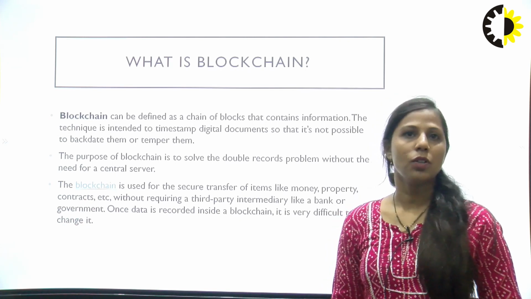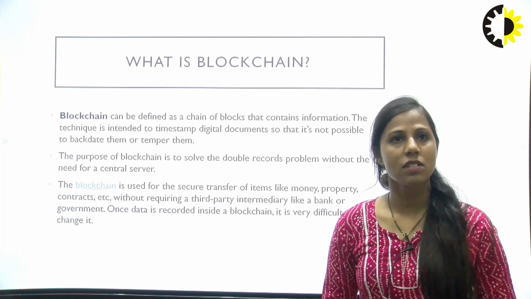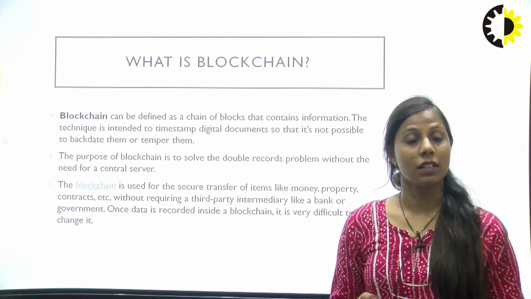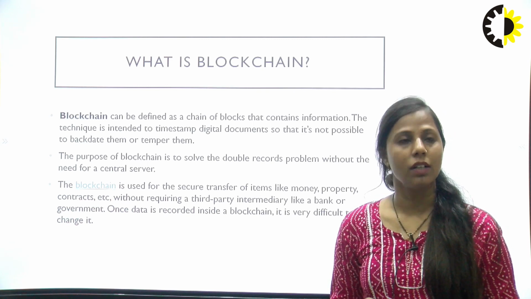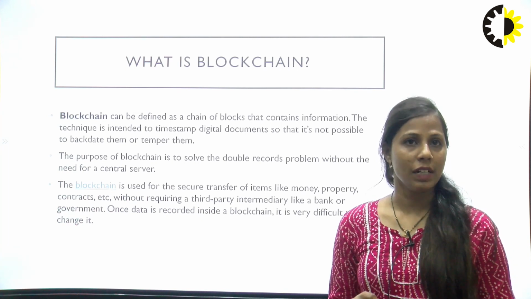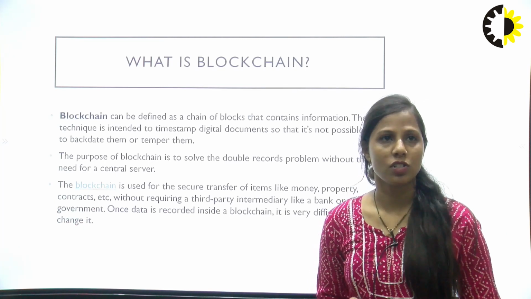Means we can't change that data. These are tamper proof. Various terminology we have discussed: it is distributed, decentralized, tamper proof, and it solves the problem of integrity. So these are the various problems solved by blockchain technology.